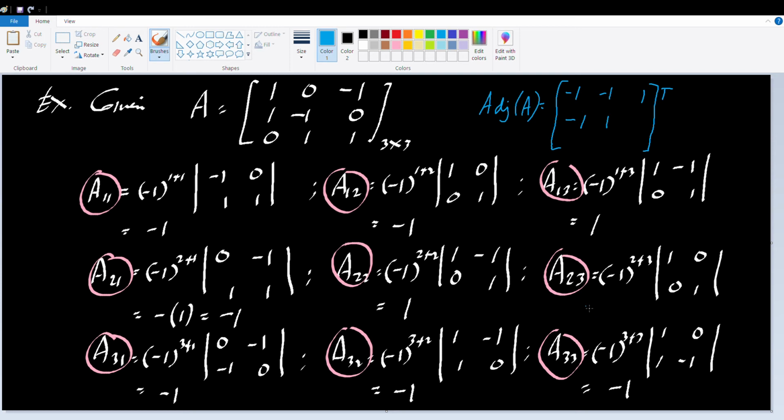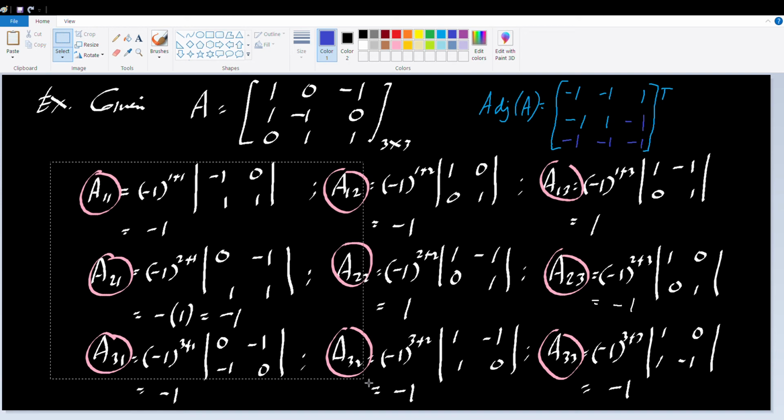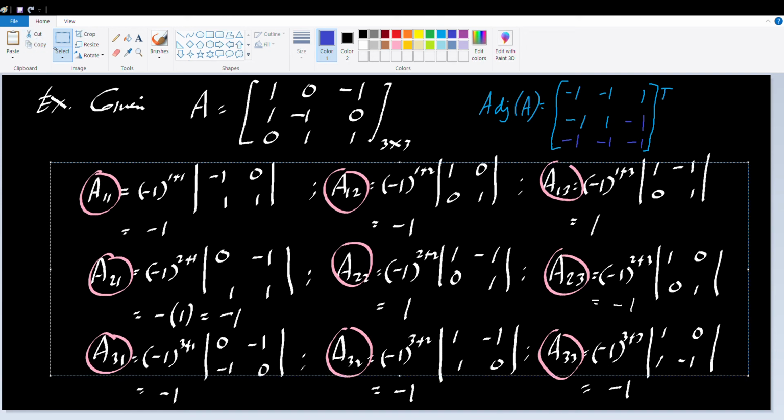By the way, what is our A23? Negative 1 raised to 5 is negative, and then the determinant is 1. So it should be negative 1. Then A31 is negative 1, negative 1, and negative 1. Okay? So let me free up some space.